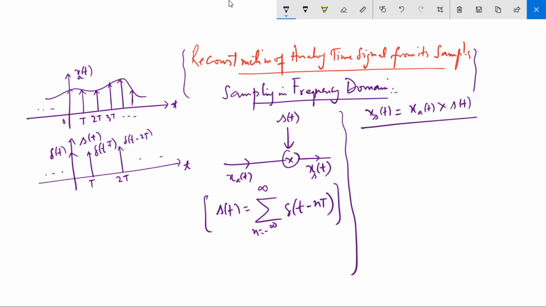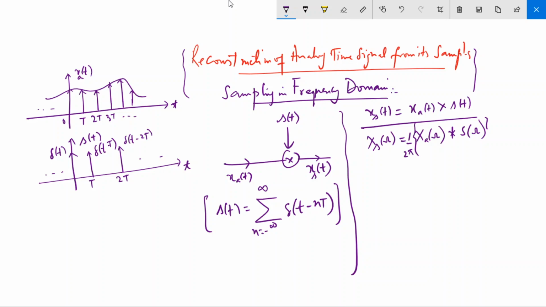Now in the frequency domain, multiplication in time becomes convolution. The spectrum of xs is the spectrum of the original signal convolved with the Fourier transform of the impulse train, with a scaling factor of 1 by 2 pi.